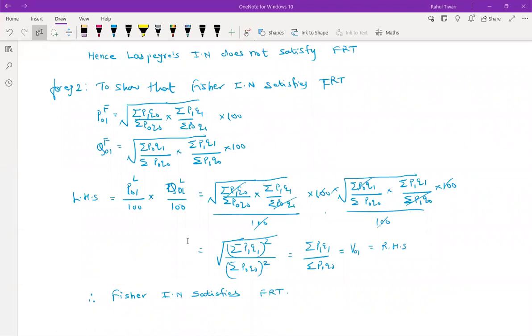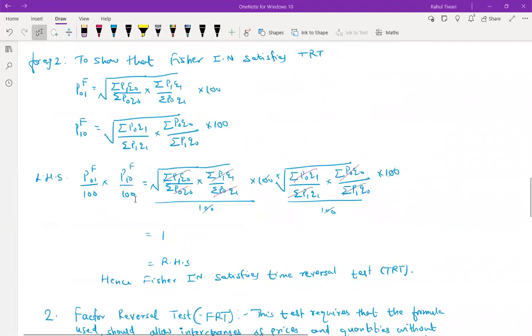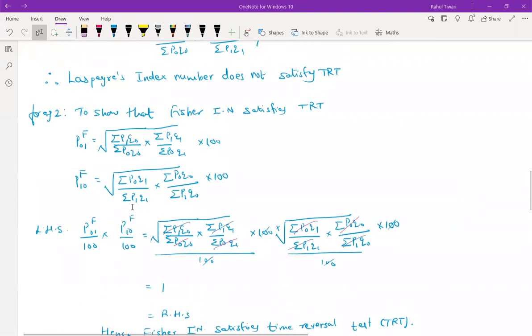Next class. Okay, I think I did already derivation कर दिया है. 6 derivation you need to do. You need to just check इस 6 derivation में आपका कौन कौन सा इंडेक्स नंबर सेटिस्फाई करता है कि नहीं करता.